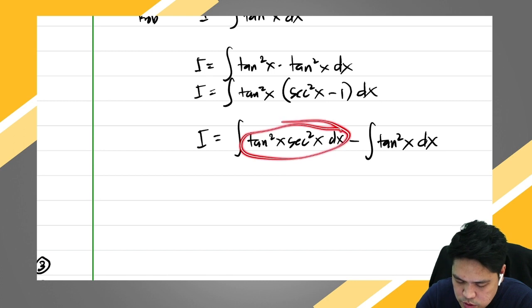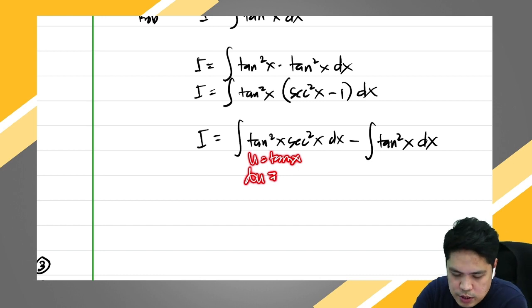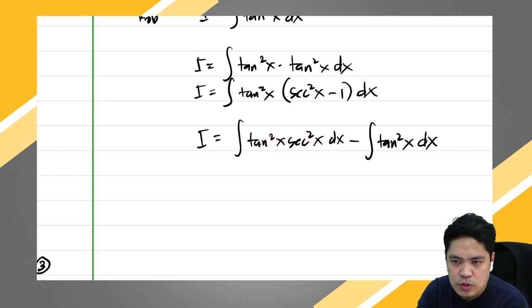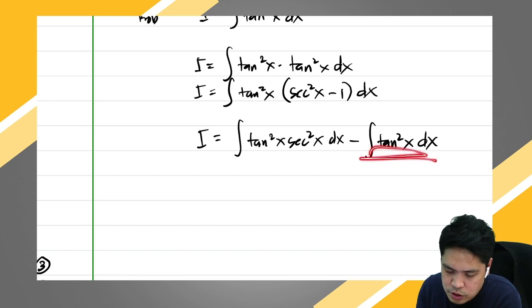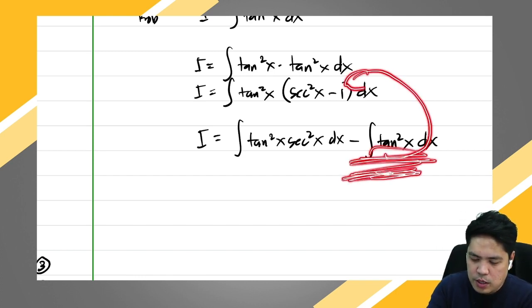Eto, we could integrate this because we know that if u is equal to tangent x, du, or the derivative of tangent, is secant squared x. So therefore, this is a case of u raised to n du. Pero in this case, tangent squared x pa rin tayo. But we already solved this in our previous examples. Diba? Gamit ulit tayo ng identity. Okay?